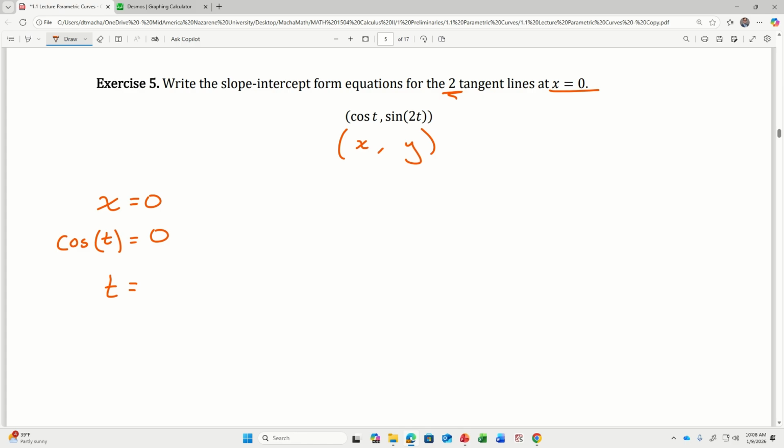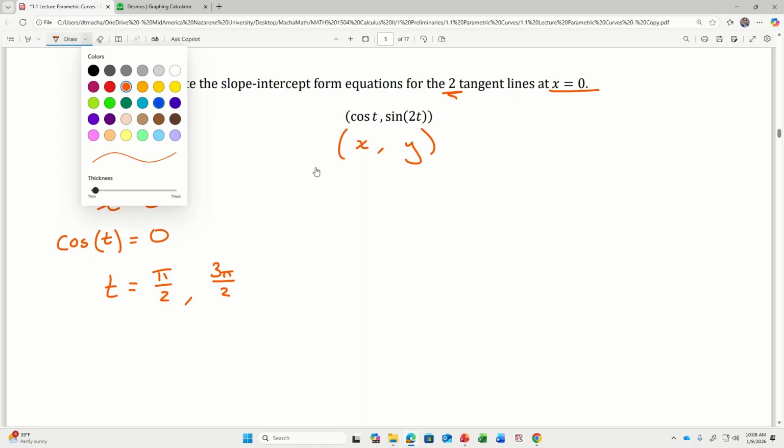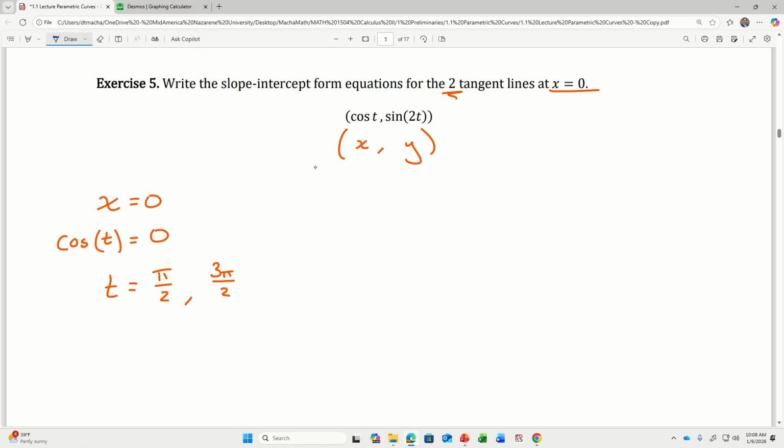Pi over 2 and 3 pi over 2. Okay, so there's two values of t that make x equal to 0.